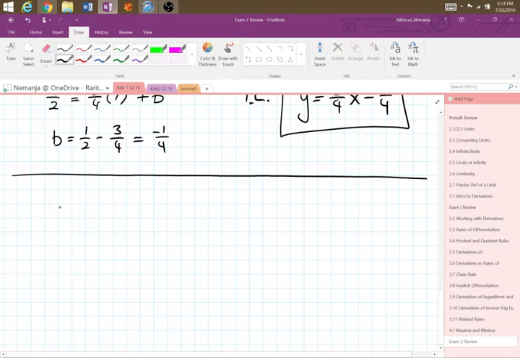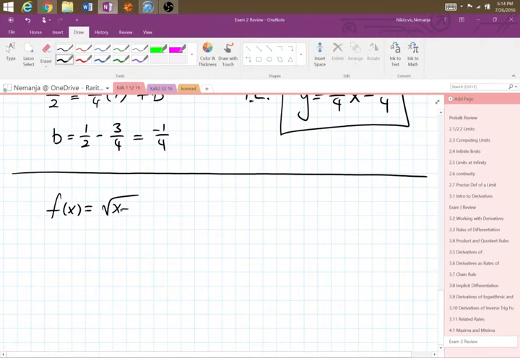Yes, using the derivative, the inverse function, and then find the derivative. The function is given: f of x is the square root of x plus 18.